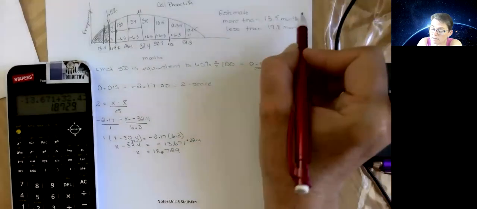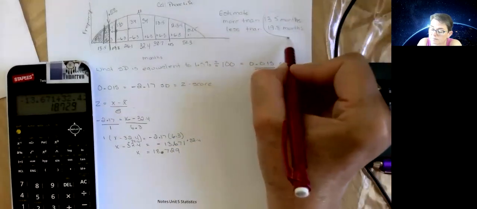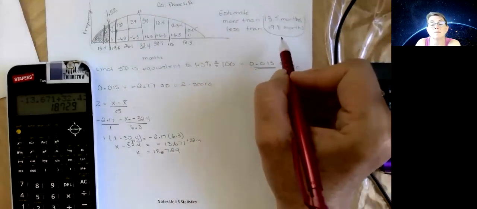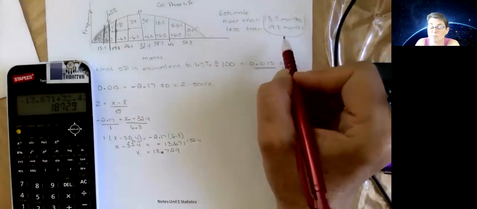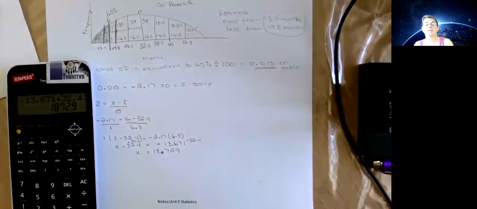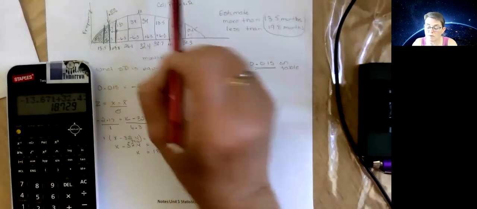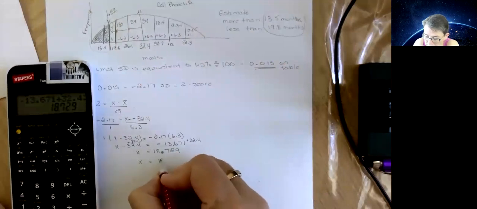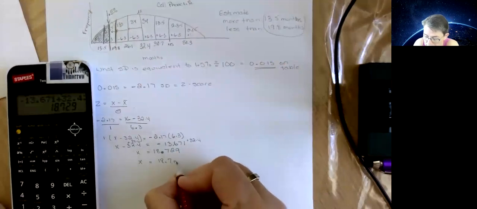Now, remember up here, we said it was going to be between 13.5 and 19.8, and it certainly is. And let's see what our question looks like. It was giving us 1 decimal place. So let's just say x is equal to 18.7 months.